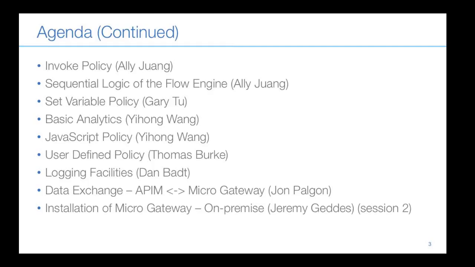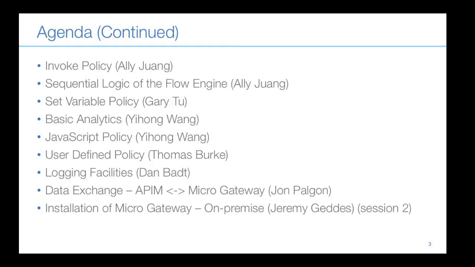Then Gary Tu will take us through the set variable policy. Yihong Wang is going to talk a little bit about basic analytics, what you get with the micro gateway. He'll also take us through a JavaScript policy. And then Thomas Burke will take us through a more advanced JavaScript policy called a user-defined policy.